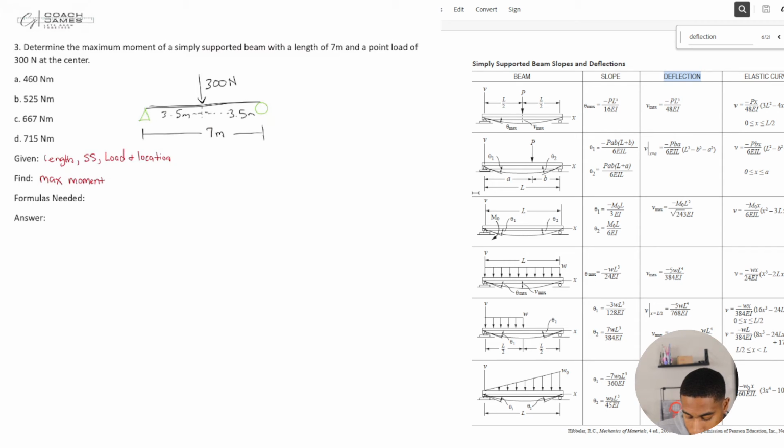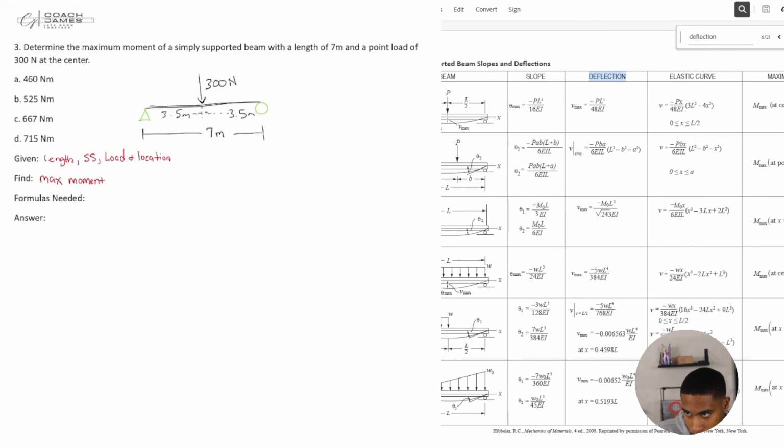We need to make sure that that point load is at the center. This one is at the center. L divided by 2, L divided by 2. Which means it's at the center of the length. And then we also are looking for max moment, right? So we're going to find the maximum moment for this. It's going to be occurring at the center.